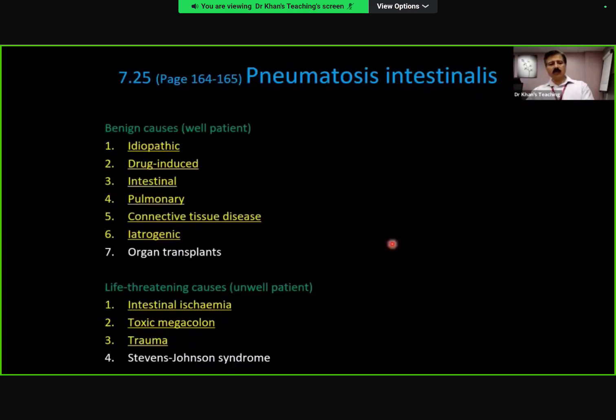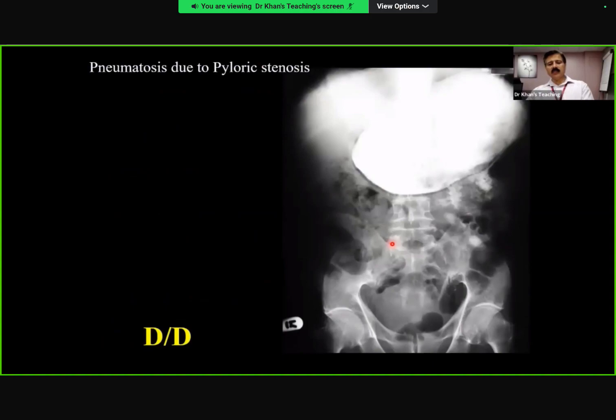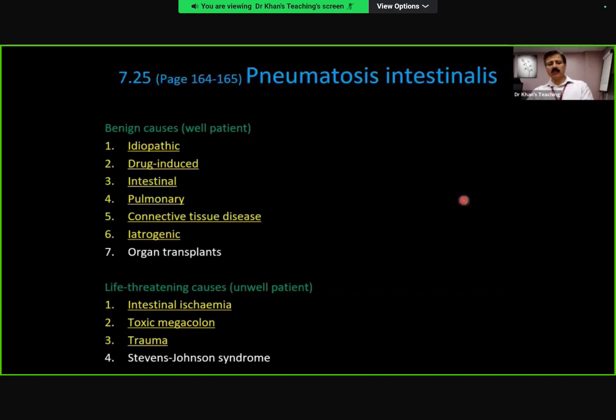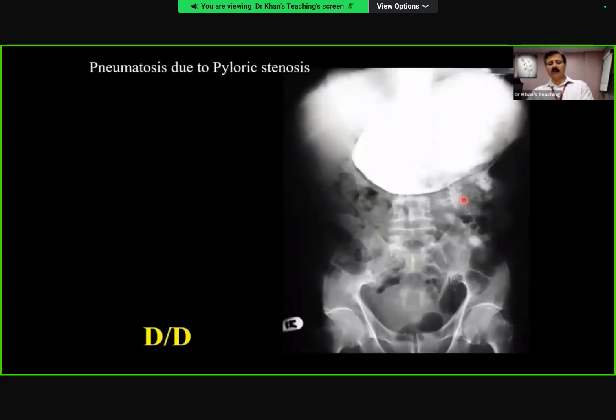Now, what is the concept? The concept is that, by the way, this is a contrast examination. Part of the contrast has gone, there is a bit of gastric outlet obstruction. So the concept is that when there is obstruction or dilatation, to develop your concepts, basically think like this: intraluminal pressure has increased, and there is a rent in the mucosa, and air goes inside.